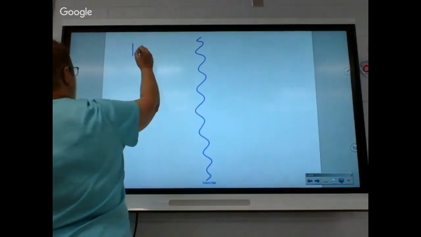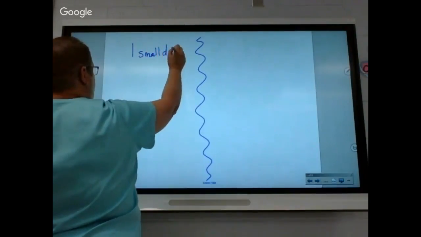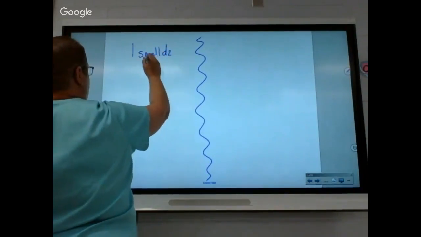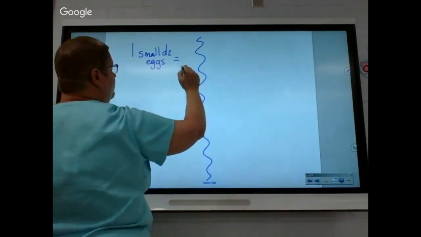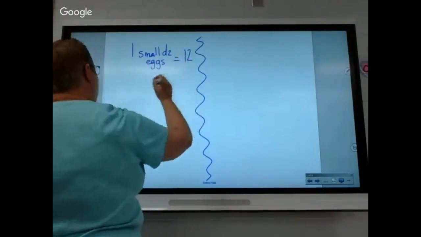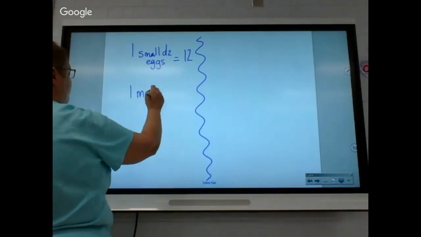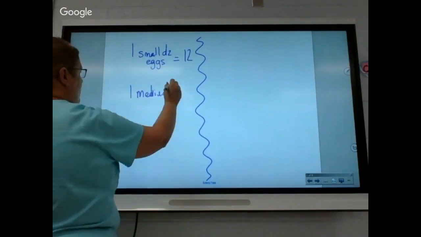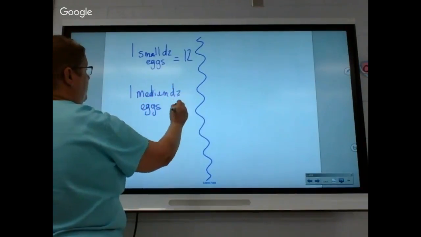If I sent you to the store and I told you to get a dozen small eggs, how many would you come back with? Okay. If I sent you to the store and I told you to bring me 1 dozen medium eggs, how many would you come back with?